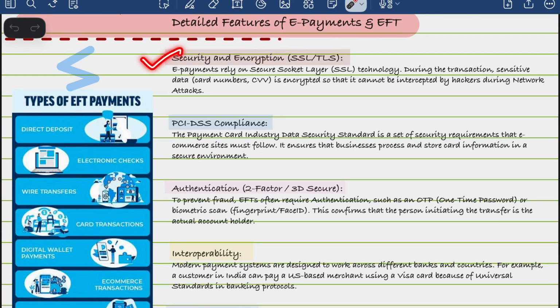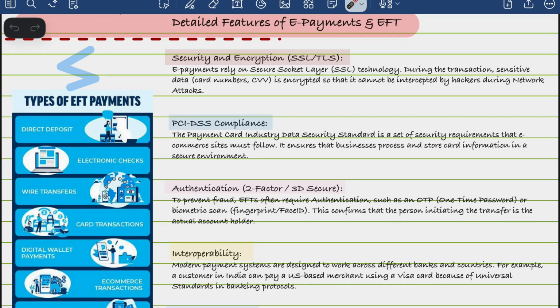First is security and encryption. The second your payment details leave your browser, they are encrypted. That means they are converted into a kind of code which cannot be read or understood by anyone. This is done using SSL or TLS, the Secure Socket Layer protocol, which we'll discuss later on.